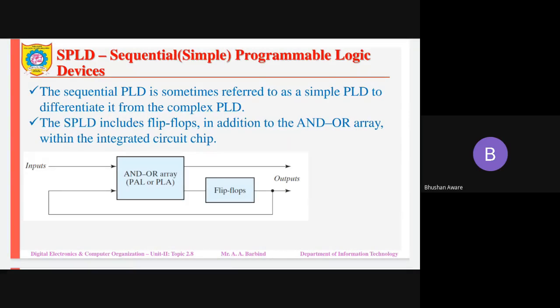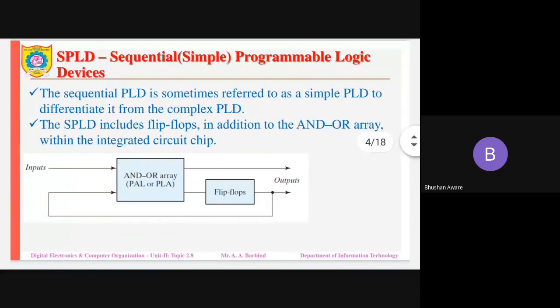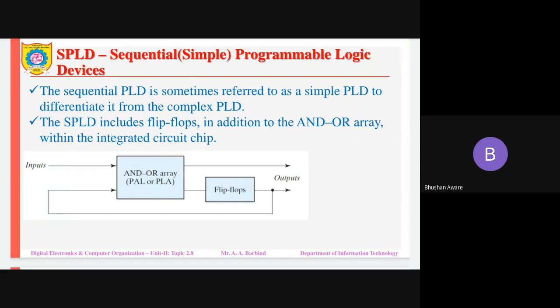Note that all these are in a single device, that is a single IC, whereas this array is programmable. The PAL is a programmable array logic, so you can program it so that the functionality of this circuit can be decided.